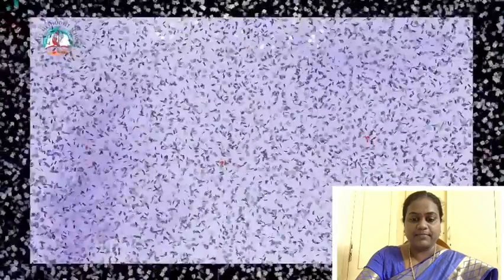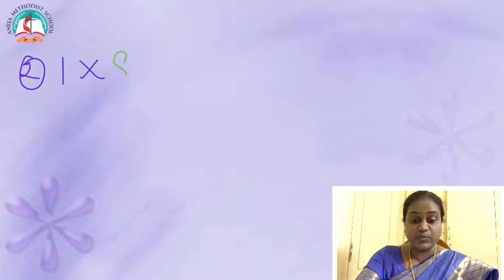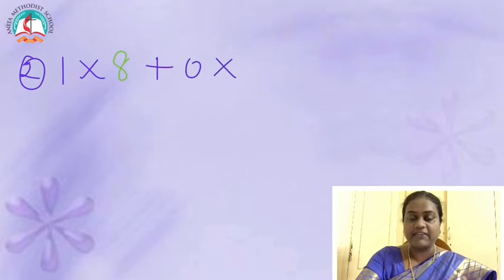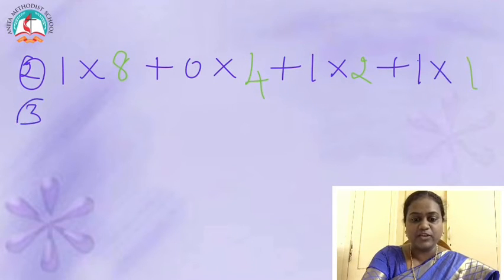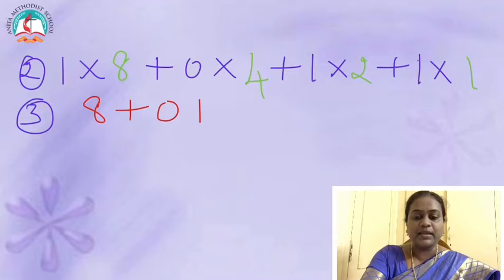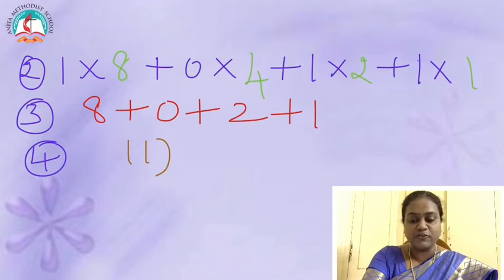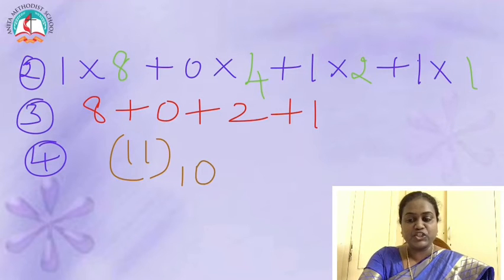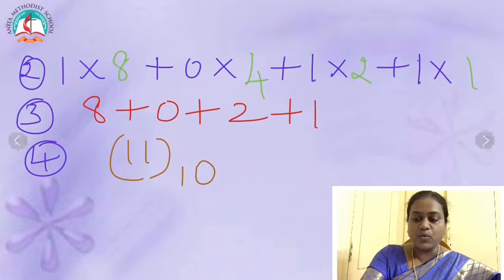Second step, I have to write the equivalent weight. So I have written the values: 1 into 8 plus 0 into 4 plus 1 into 2 plus 1 into 1. 2 to the power of 0 is nothing but 1.